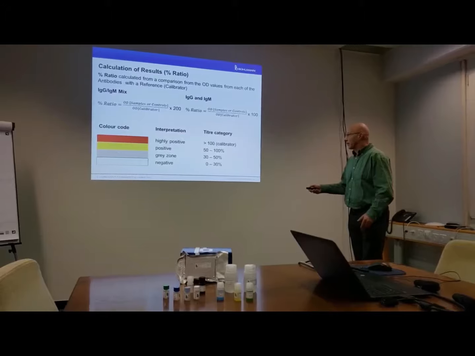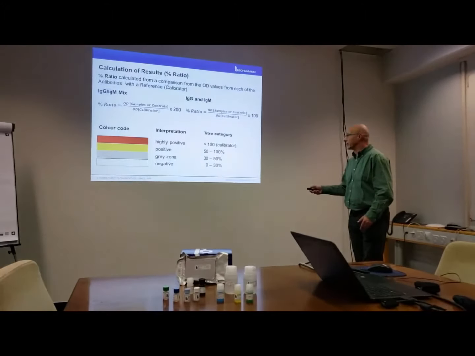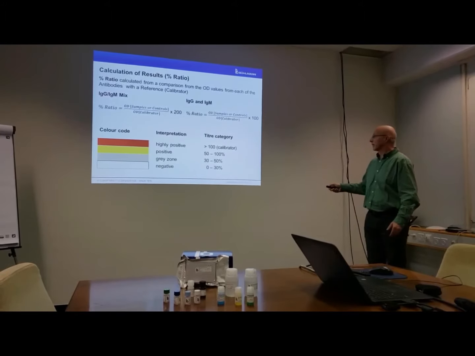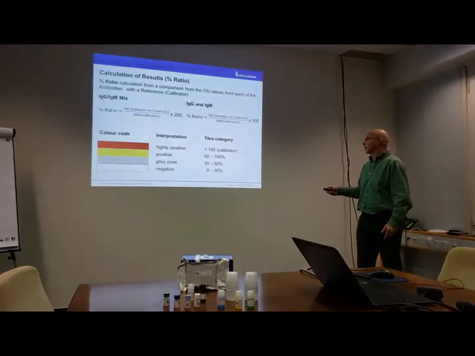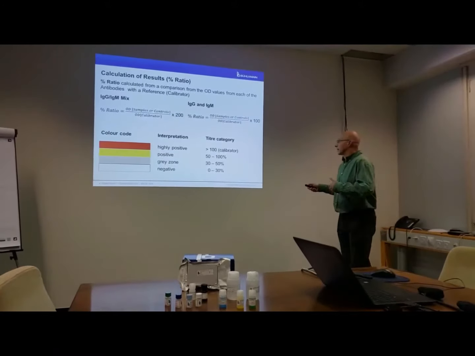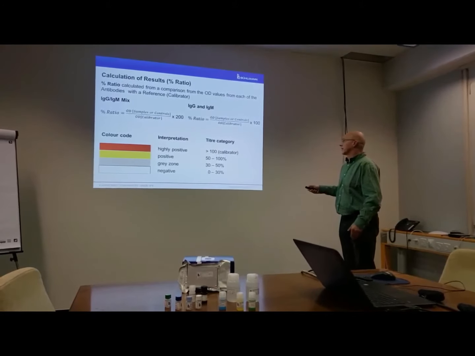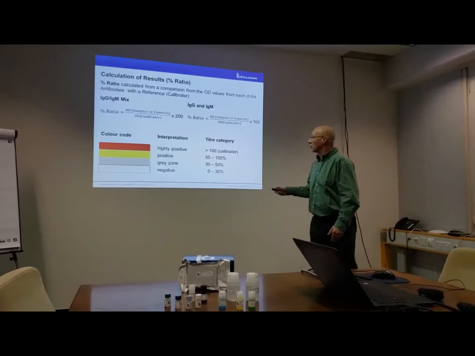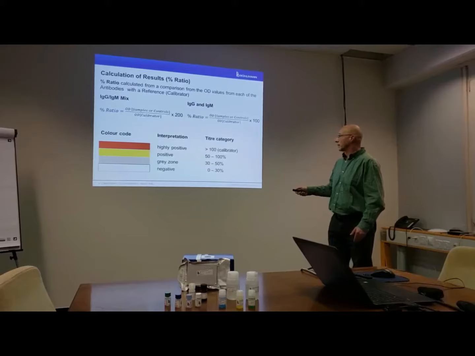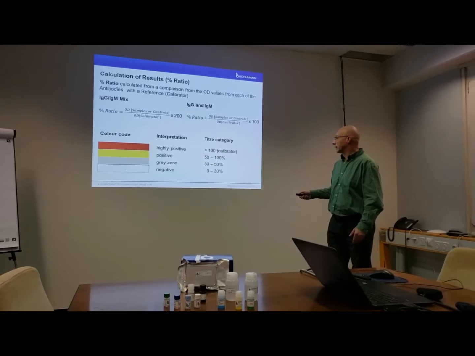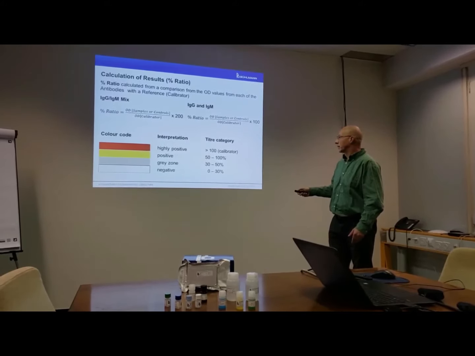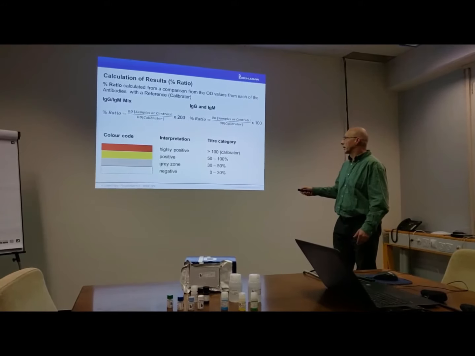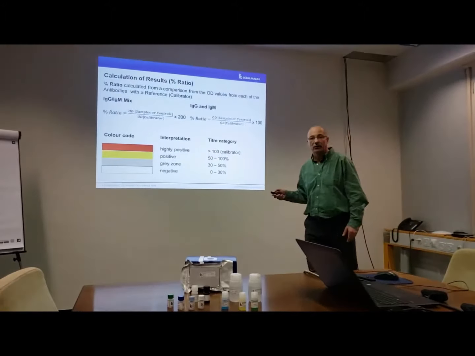The cutoff is at 50%, and above the cutoff, between 50 and 100%, the samples are positive, and when they exceed 100%, then the sample is highly positive. There is a color code, which is red, yellow, gray, and white: white for negative, gray for gray zone, yellow for positive, and red for highly positive values.